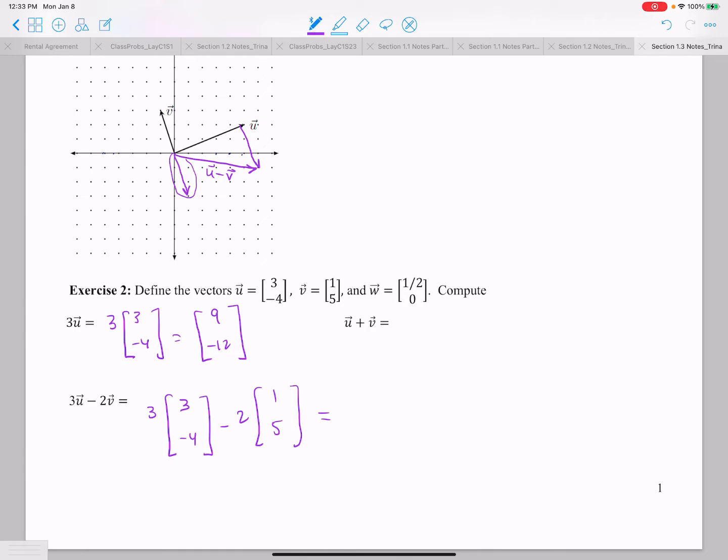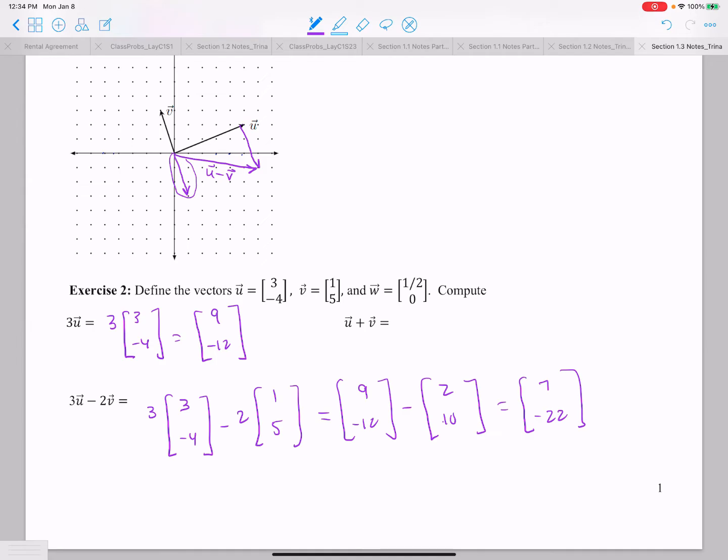So I have 9, negative 12, not plus, but minus 2, 10. And then you do it component-wise. So 9 minus 2 is 7. Negative 12 minus 10 is negative 22.